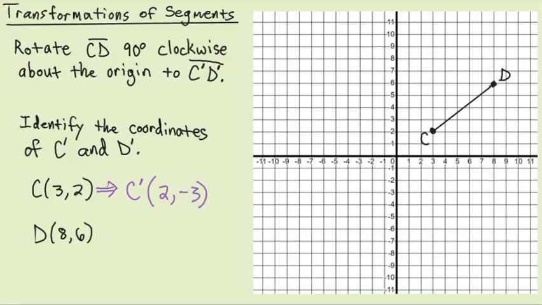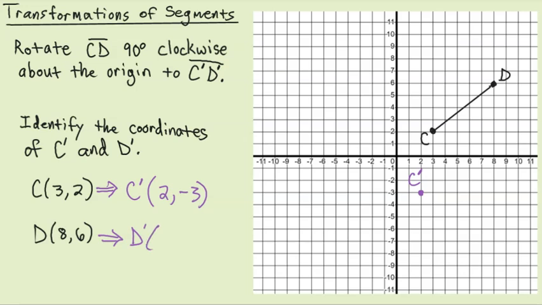Okay, so for this rotation, our y coordinate is becoming our x coordinate, 2, and our x coordinate is going to become negative, and that's going to become our y coordinate. So C prime is at 2, -3. So 2, -3 is right here. So that's going to be C prime. Now to get D prime, we're going to do the same thing.